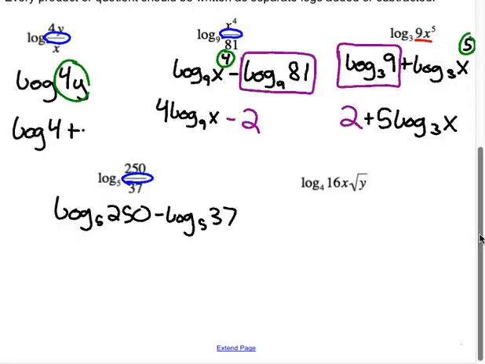Now, this one is a challenge problem, okay, because most of you I'd probably expect would stop here, okay? But I do want to show you a trick that would allow you to actually keep going here, okay? So, this 250 is the same as 125 times 2.